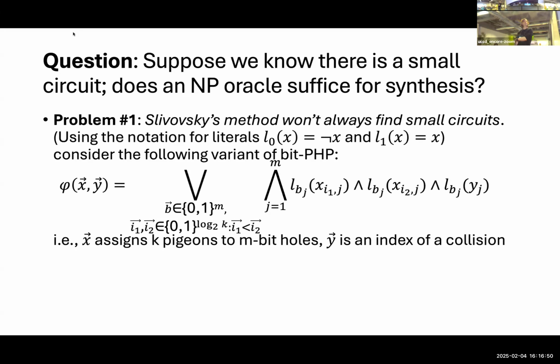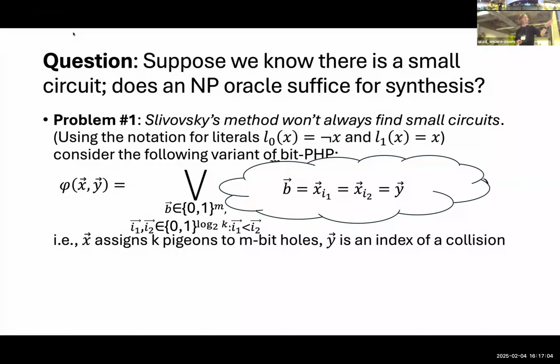The very first thing that breaks is Slavoski's method actually is not always finding small circuits for me. Okay, so as an example, consider this version of the bit pigeonhole principle. Basically, Y is supposed to give me an index where there's a collision in the assignment of holes to pigeons in X. Okay.